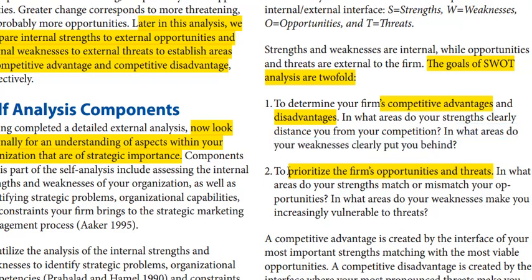Secondly, it gives us the prioritization of a firm's opportunities and threats. That means out of available threats or opportunities, which is most threatening and which is less threatening.